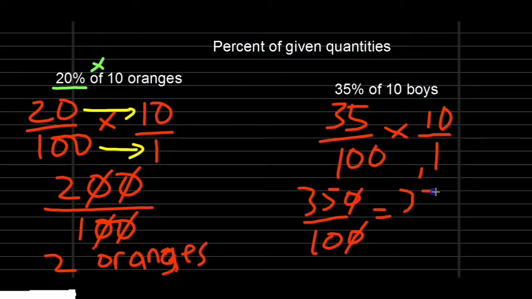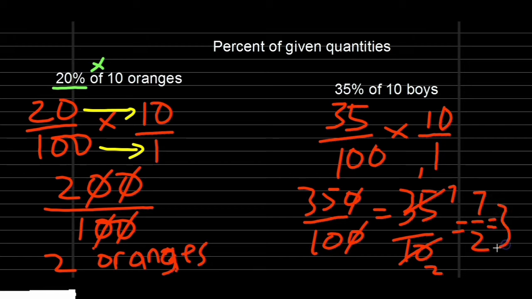We are left with 35 over 10. 5 cancel. 5 divides 10 2 times. 5 divides 35 7 times. So we are left with 7 over 2. You can still divide. So 2 divides 7 3 times, because 2 times 3 is 6, remainder 1, all over 2. So this is how our answer will be.